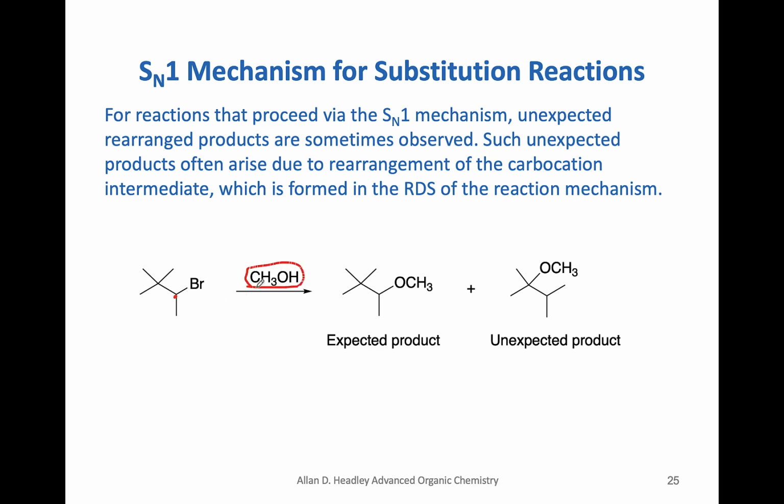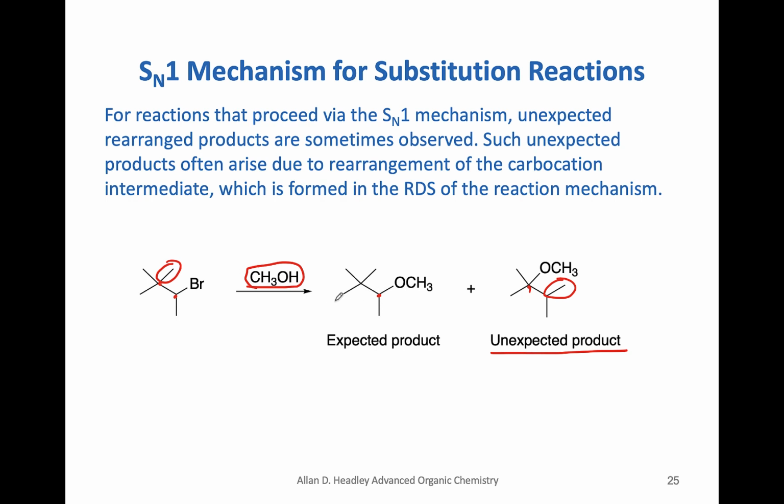Solvolysis, here's a solvent, methanol. We expect this product because we expect substitution here, but we get an unexpected product where the OH is bonded to this carbon, and it appears as if this methyl group here migrates.